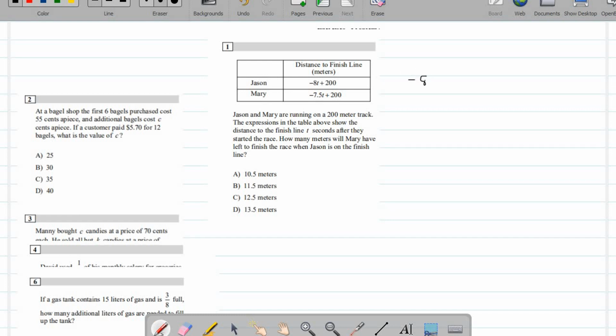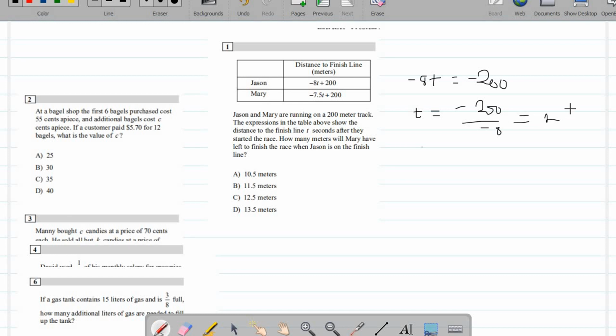So minus 8t will give you minus 200, since you want minus 200 plus 200 to give you 0. So if you divide, t equals minus 200 over minus 8, you'll have t as 25 seconds.